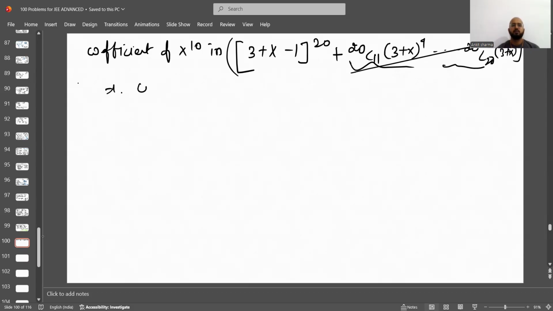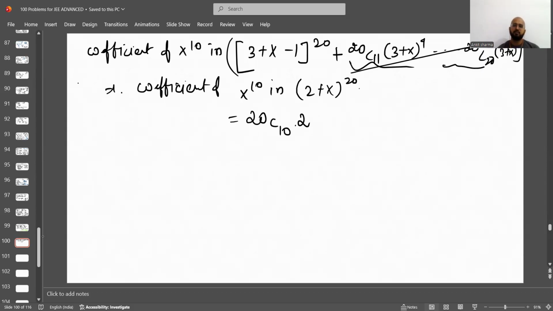So which is equal to coefficient of x to the power 10 in (2+x)^20. So which is simply 20c10 into 2 to the power 20 minus 10, which is 10. That's what we get.